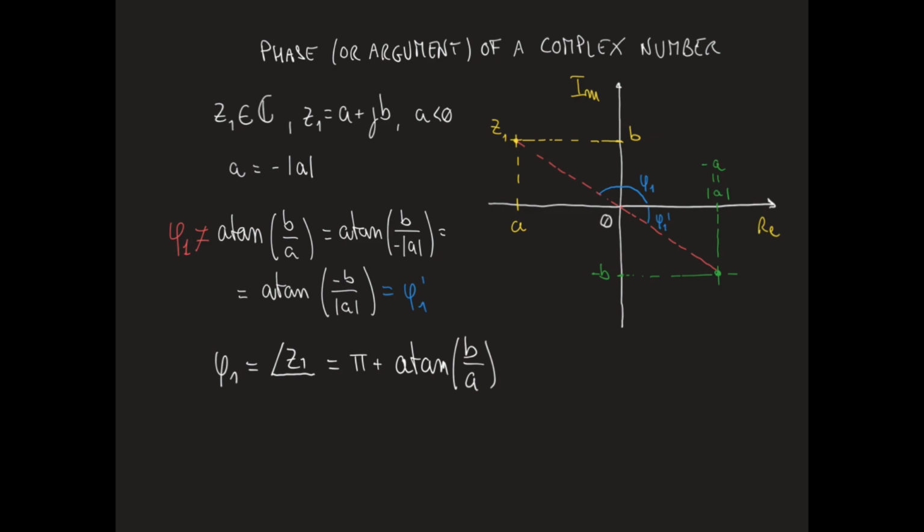Given the fact that the exponential function e to the j phi is a periodic function with period 2 pi, this is also equal to pi plus the inverse tangent of b divided by a minus 2 pi, which is equal to the inverse tangent of b divided by a minus pi.